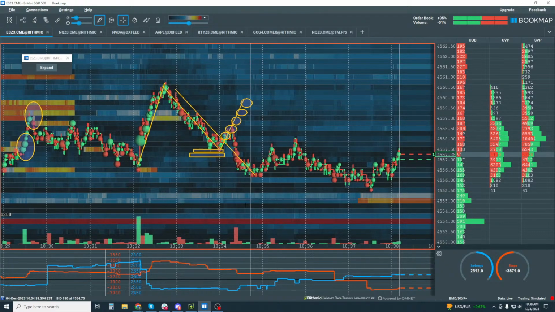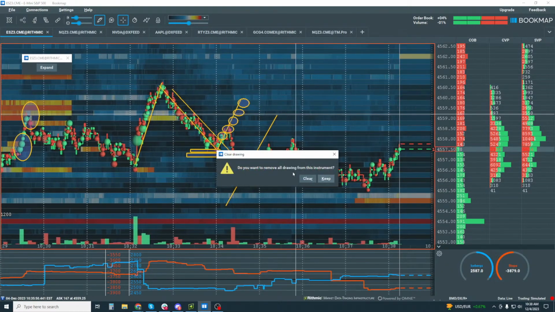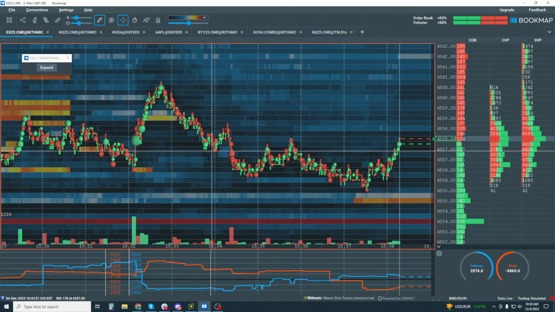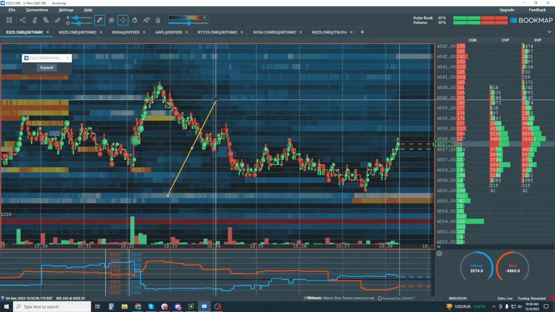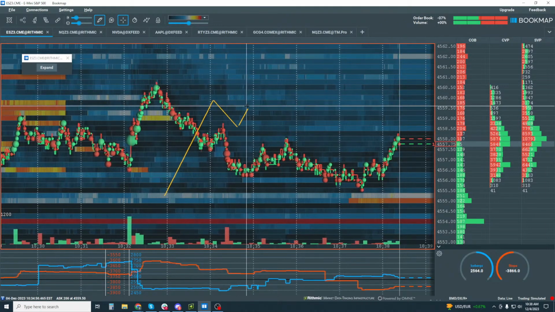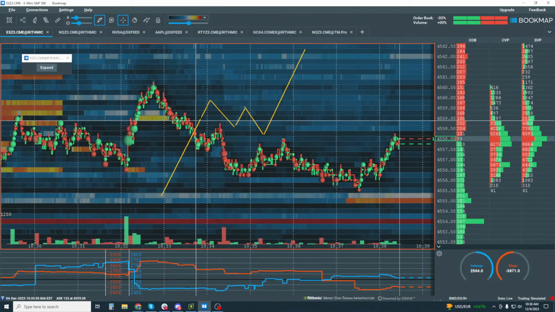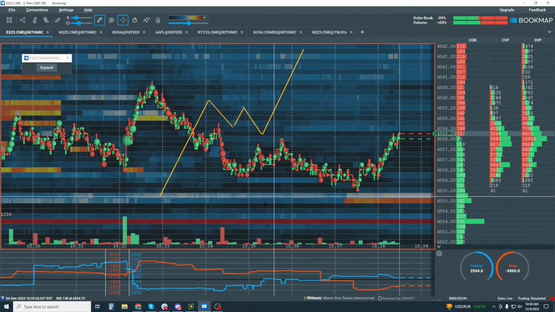So instead of looking for this kind of move, let me clear the drawings here. Instead of looking for this kind of move in a flag type of pattern, like your minor pullback and then another really strong move equal to this one here, well, you wouldn't get that.